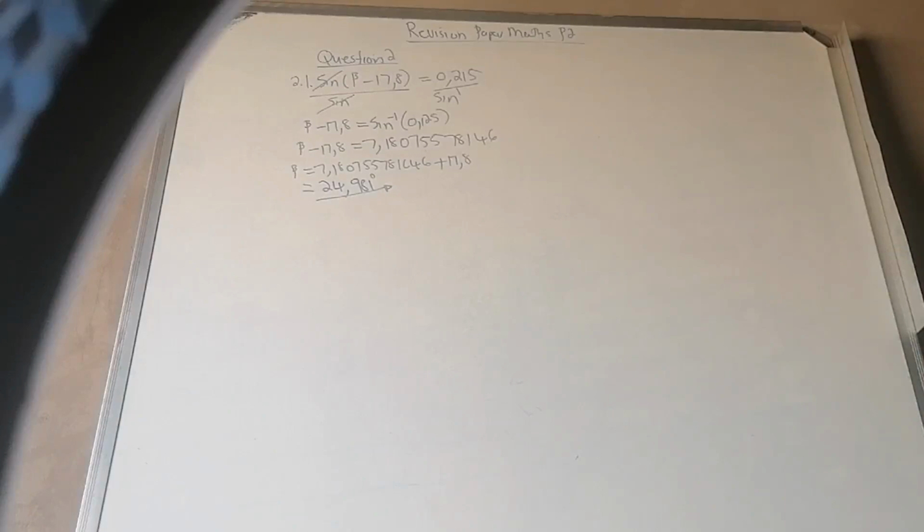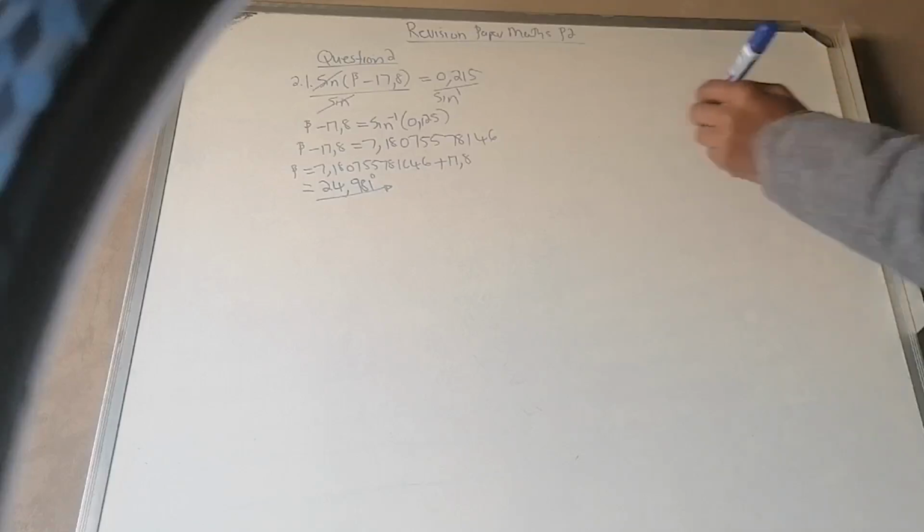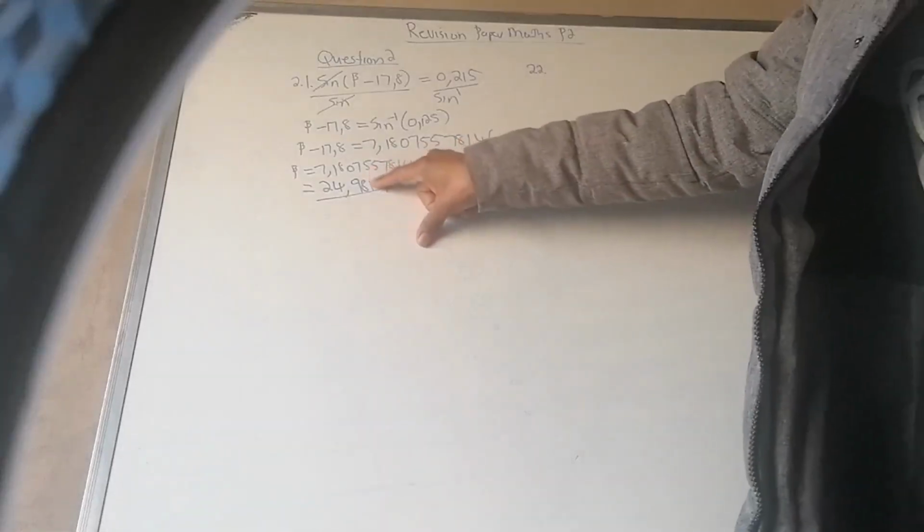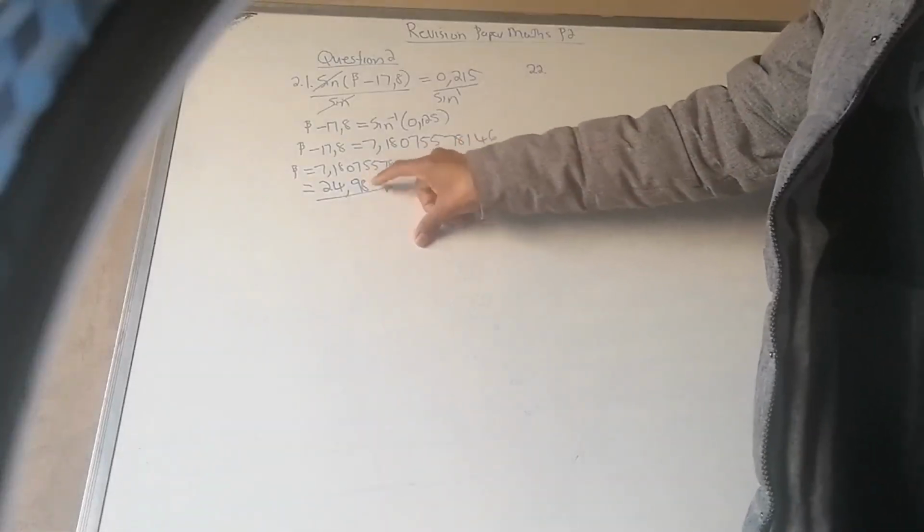From there, we go to the second one. Now in 2.2, they say to us, determine the acute angle beta to 2 decimal places.